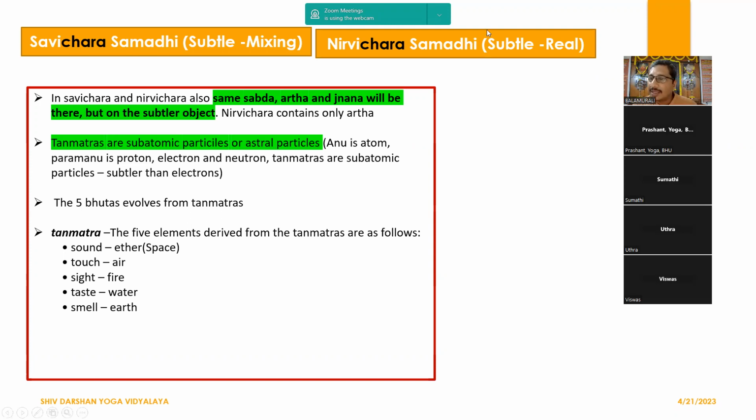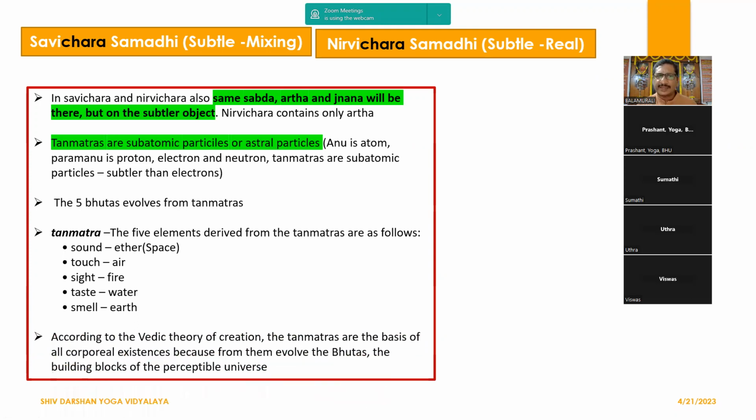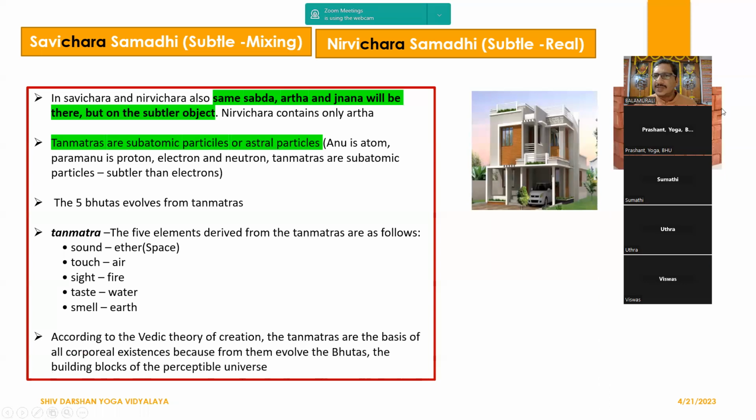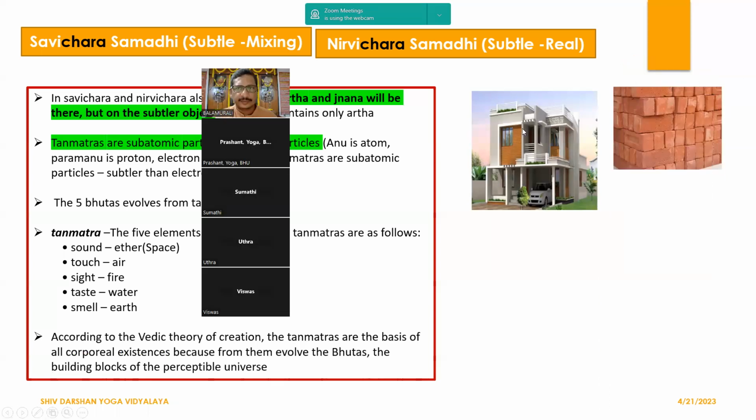So in this samadhi, you will understand the tanmatras. How to visualize tanmatras? Can you see a house here? Can you see the brick inside the house? On the right side we have shown a brick. No, this is so subtle. Only the house is visible, but the house is made of bricks. So the bricks are called tanmatras in existence.